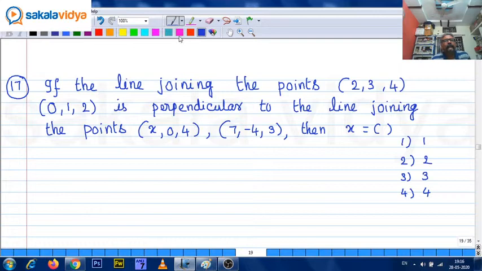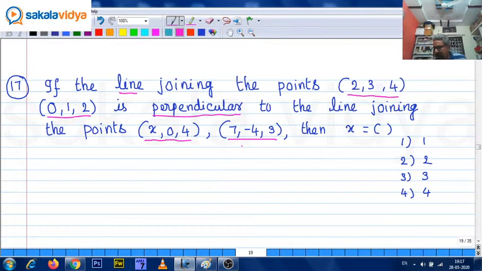Okay, the line joining the points 2, 3, 4, 0, 1, 2 is perpendicular to the line joining the points x, 0, 4, 7, minus 4, 3. Then x is equal to.